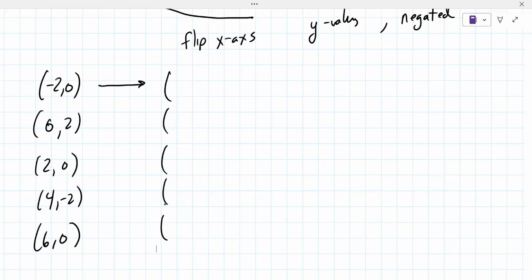I got -4, -2, 0, 2, and 4. Okay, good. And then for the y values, you're just negating them. So give me those new y values, please.